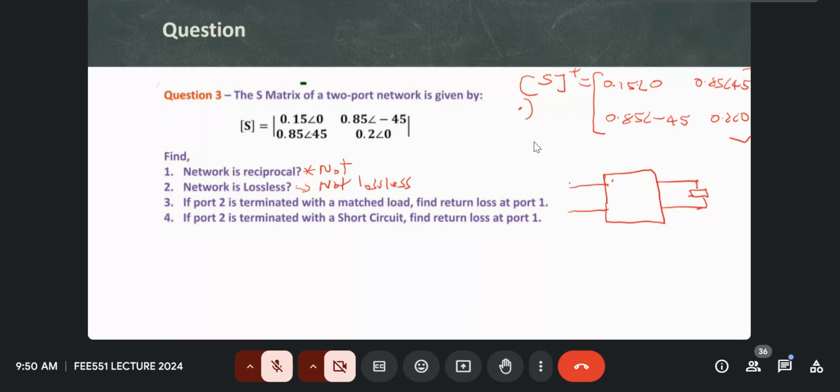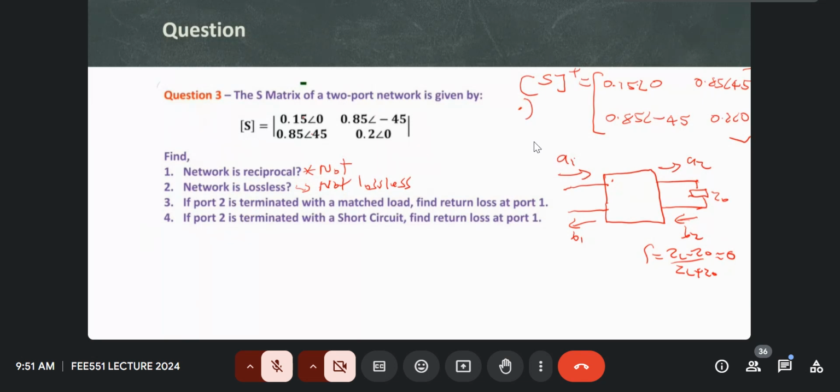Okay, anyone who is in the meeting, for example, here this is A1, and then here you have B1, and here A2, and here B2. If you terminate it with a match load, let's say Z node, you remember ZL minus Z node over ZL plus Z node. You will get 0, of course. So that means B2 will be 0.